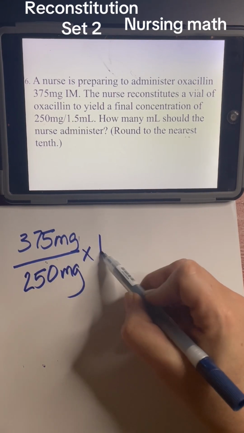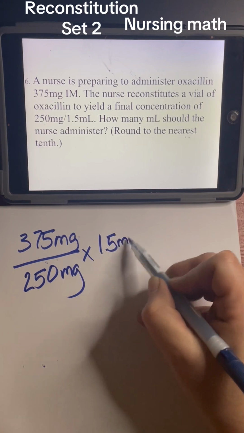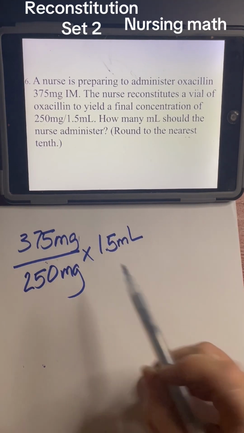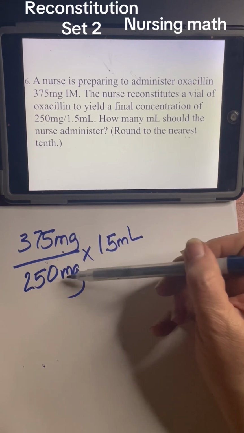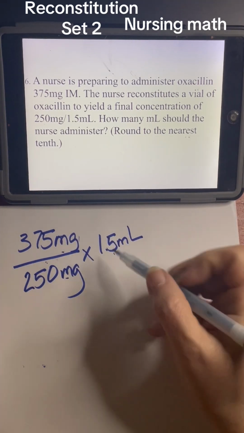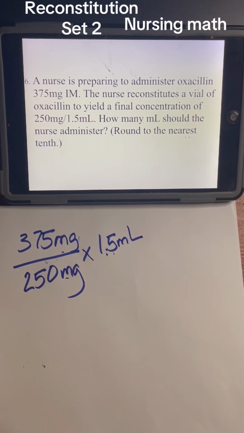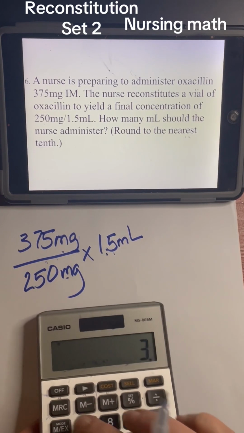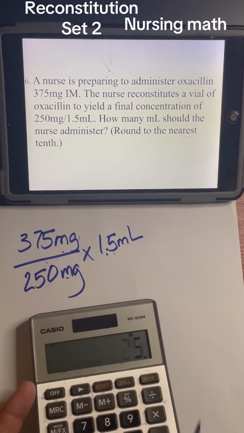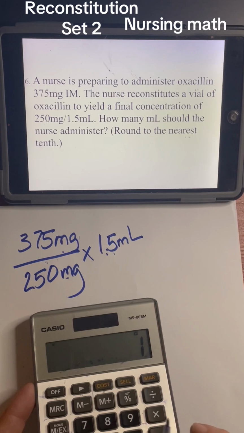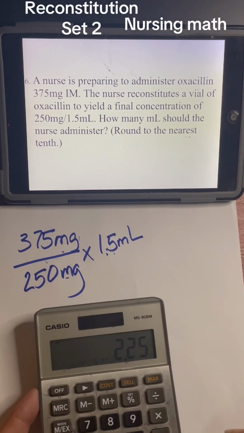How does that come in 1.5 milliliters? And then we're doing the math. This fraction says this divided by that times 1.5. So let's do it. 375 divided by 250 equals times 1.5 equals.